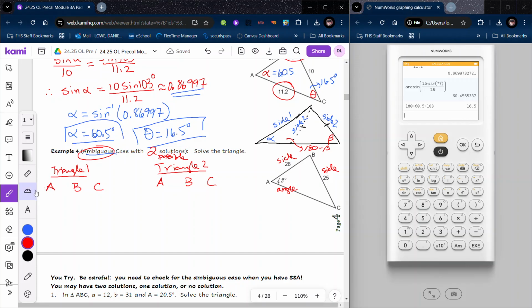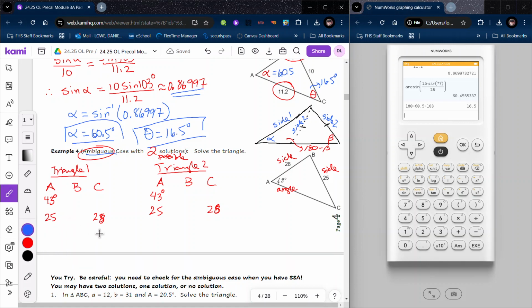So for our triangles, the angle is 43 degrees for either of our triangles. Side length C for both triangles is, oh no, side length C is 28. Side length A for both triangles is 25. Okay, so how can I solve these triangles?